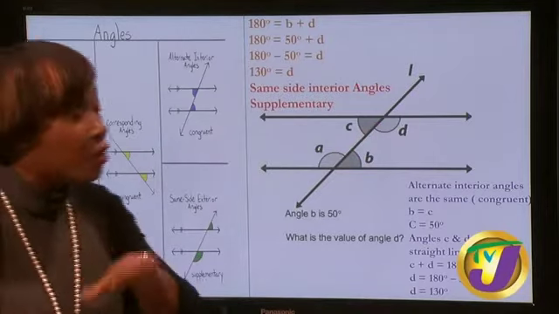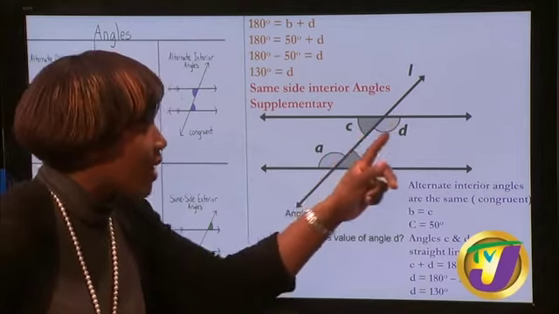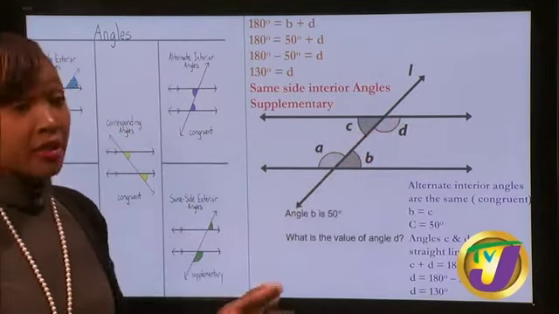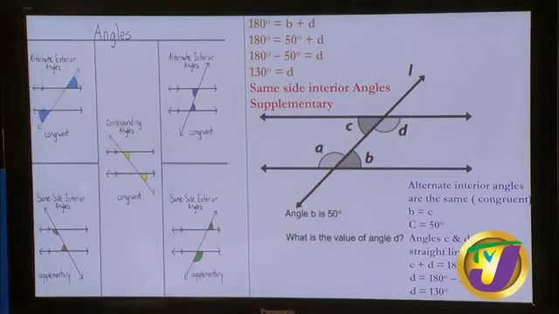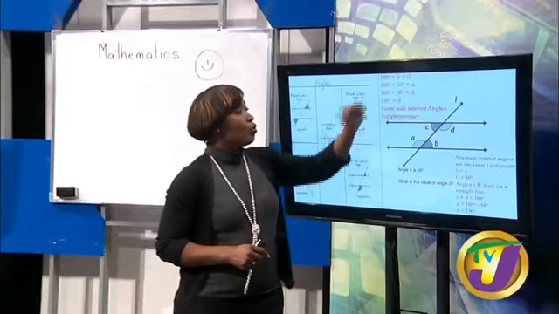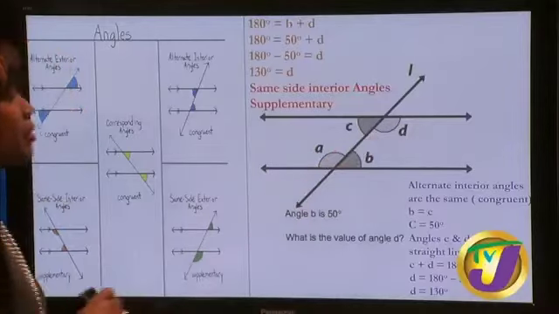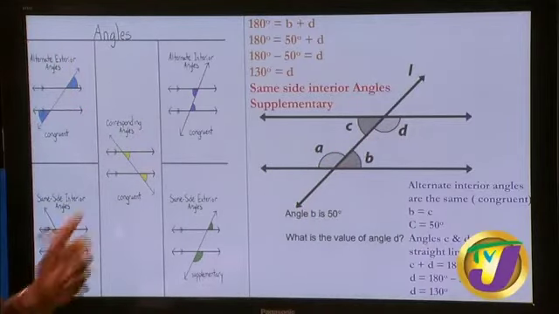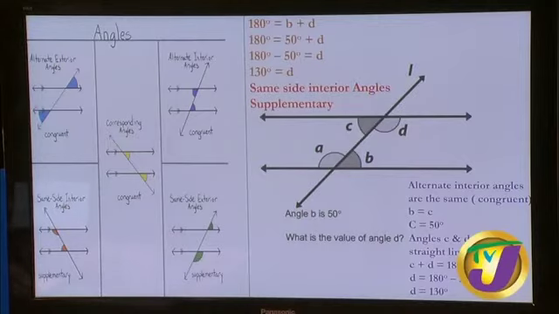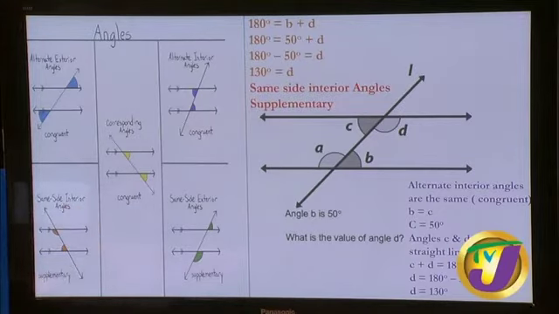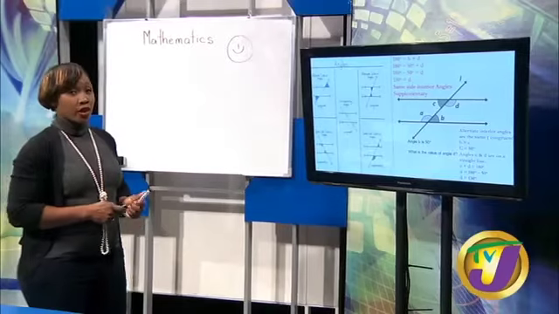But it couldn't be congruent because if you look at the span of D and B, they're different. So they couldn't be congruent, but they're most definitely supplementary. So 180 would be the sum of these two angles. So I can say 180 degrees equals B plus D. 180 subtract 50 would give me the value for D, which is 130 degrees, which works out to be the very same as our first working out.